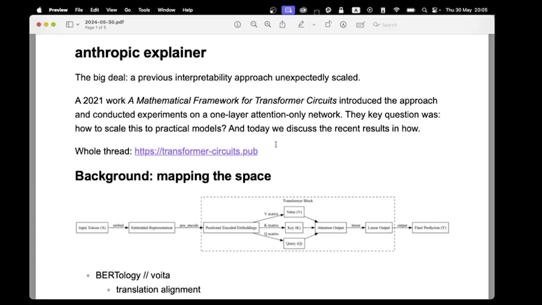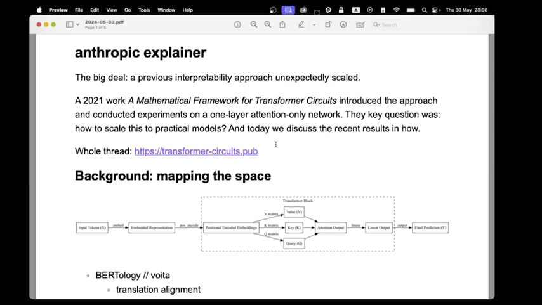So why we care is that an interpretability approach which looked cool, but previously only worked on very much toy models, scaled to a GPT-3 class model, which is a large model. This was quite non-obvious because the way this work started is from people considering that each individual neuron might be semantically meaningful.